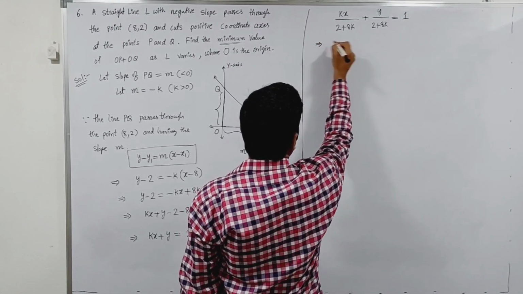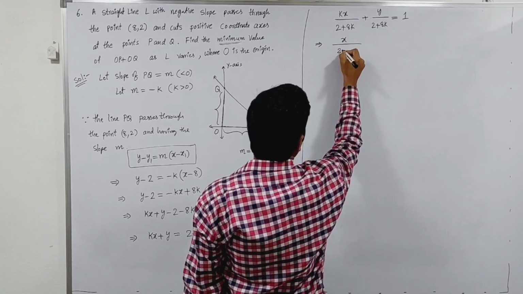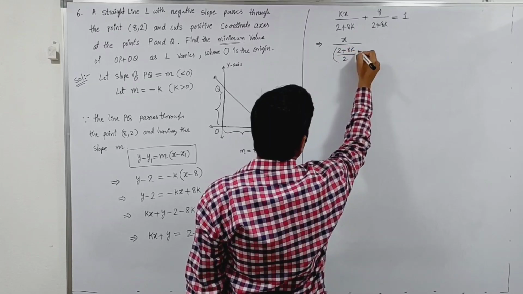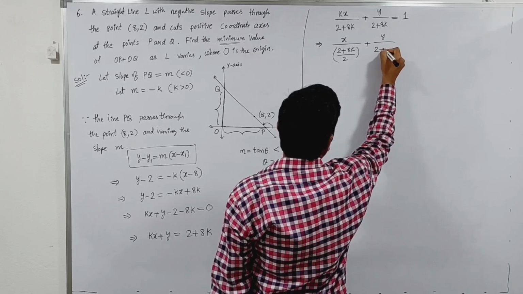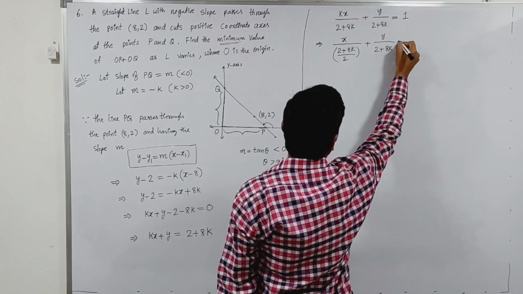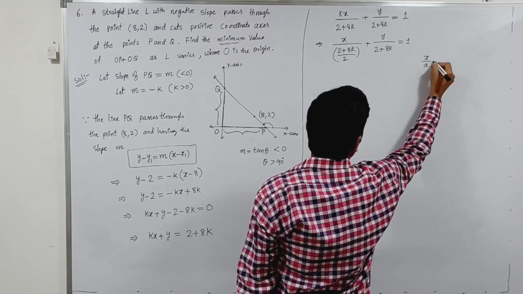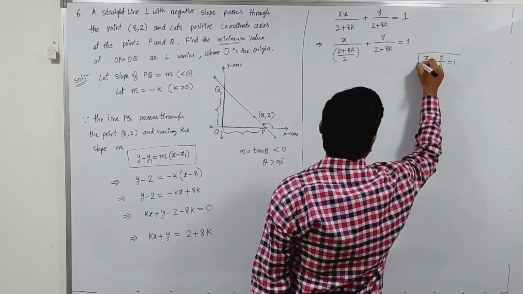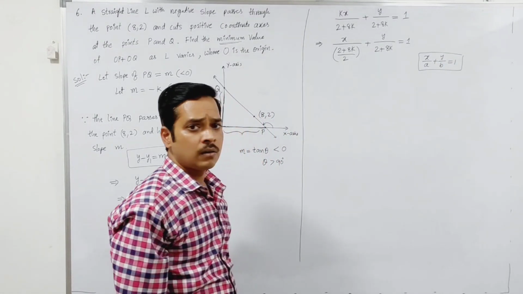Now we can write x by (2 plus 8k)/k, plus y by 2 plus 8k, is equal to 1. It is in the form of x by a plus y by b is equal to 1. In this form, a is the x-intercept, b is the y-intercept.